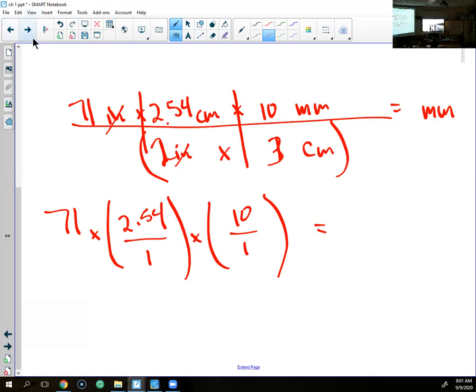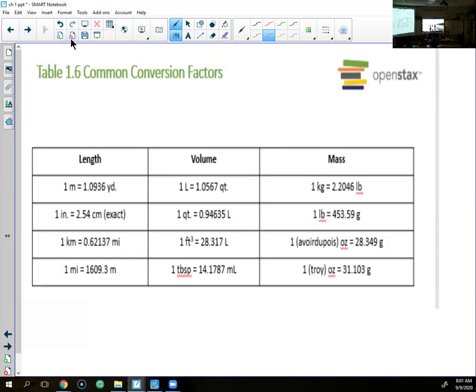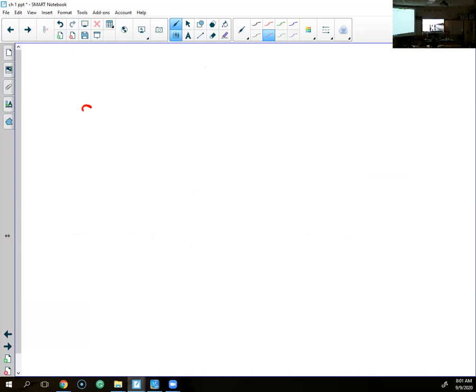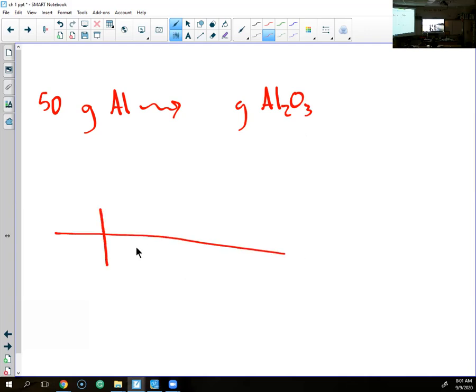So that is the basics behind dimensional analysis. What we use it for in chemistry is to convert from grams of some substance, so like 50 grams of aluminum, to grams of aluminum oxide. And we'll learn how to do this later. Don't worry that you are like, I don't know what he's doing.